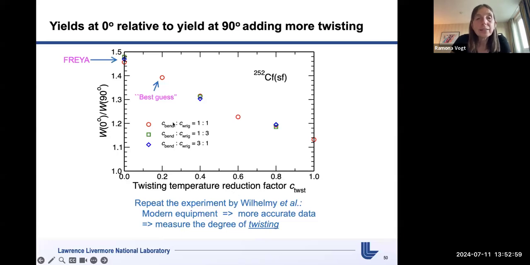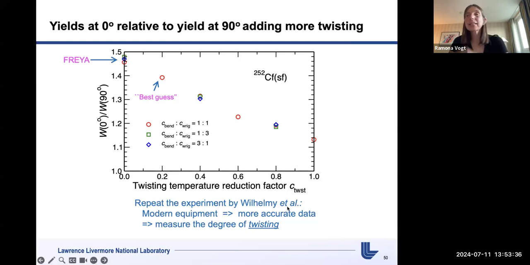And then you can see we tried different combinations of bending versus wriggling. And you can see here that the amplitude of this relative direction at 0 and 90 degrees can change from about 1.5 to 1.1, depending on how much twisting is occurring.